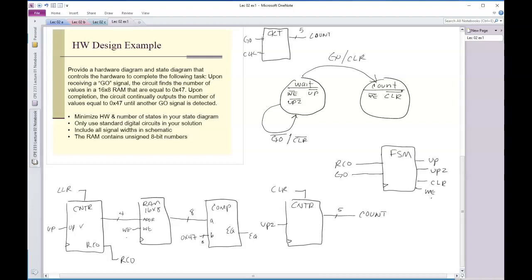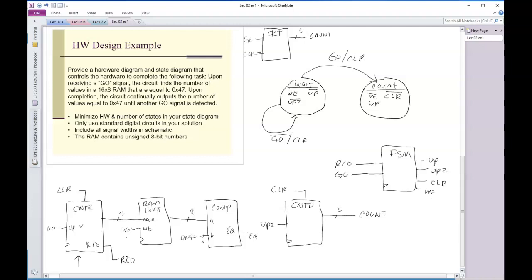But what I'm interested in is I got the 2 signals here, the clear and write enable, but I need to know what to do with the 2 up signals. The 1 up signal is going to be driving this counter here, and it's always going to be counting up, so I'm going to leave the count on in that thing.